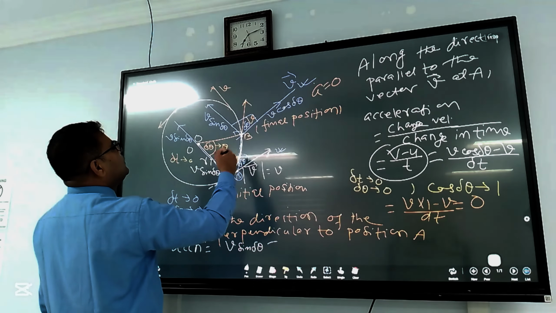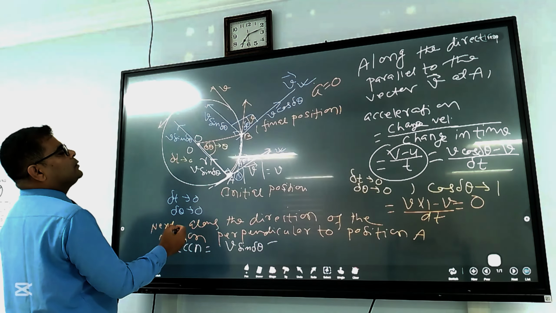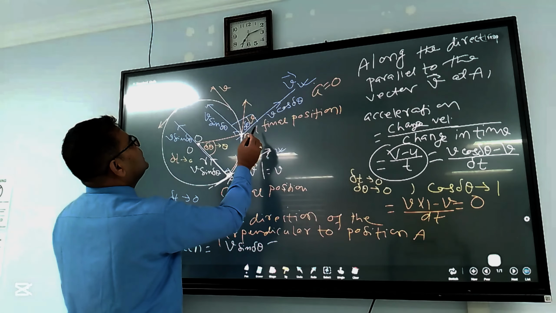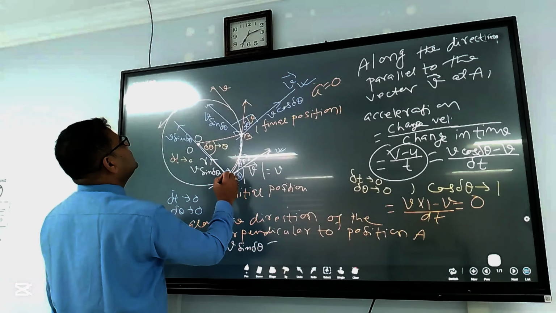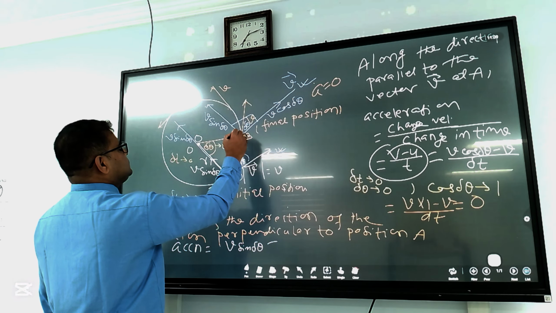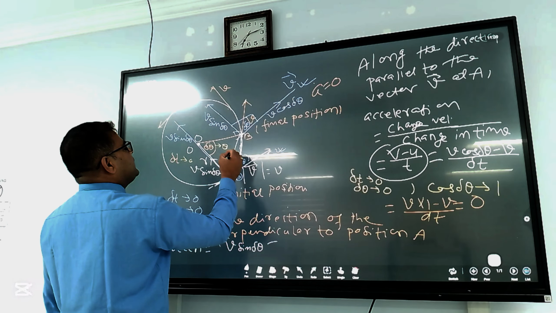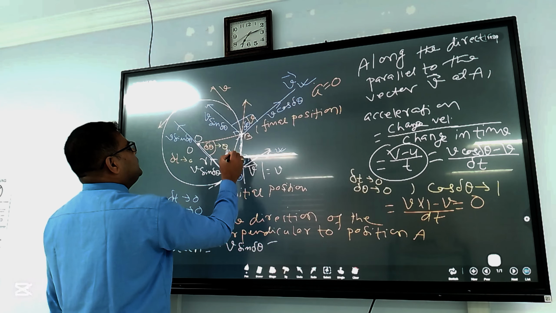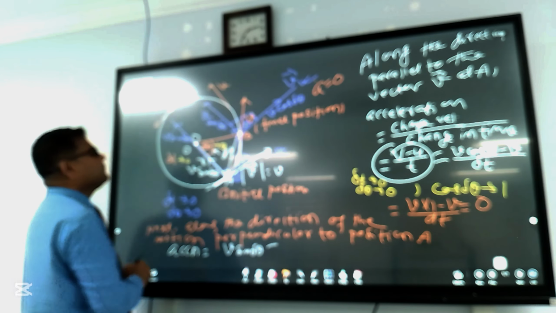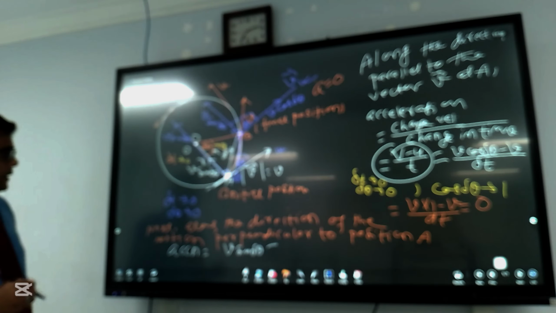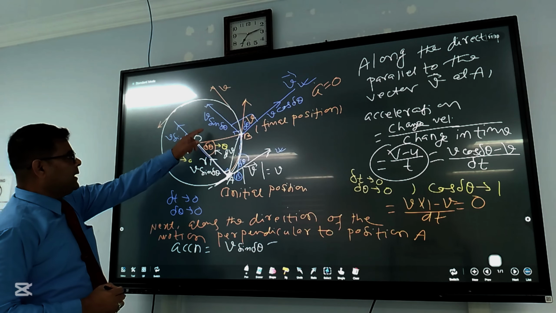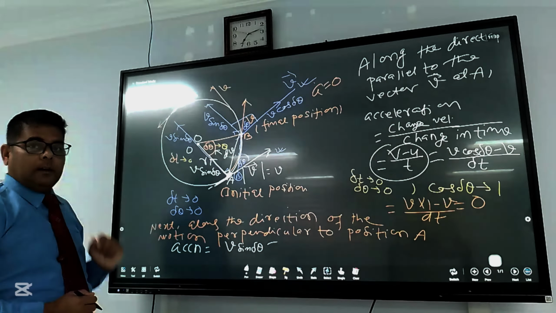That means even if you find the change of velocity in this case, for example from initial to this position, the direction of your dv will be towards the center, because v sin del theta is towards the center.